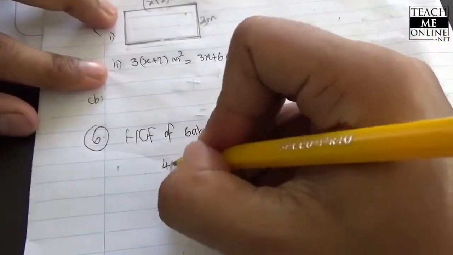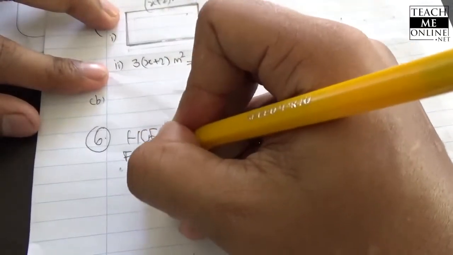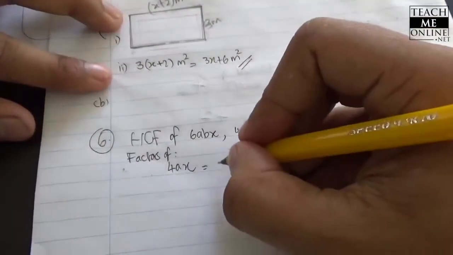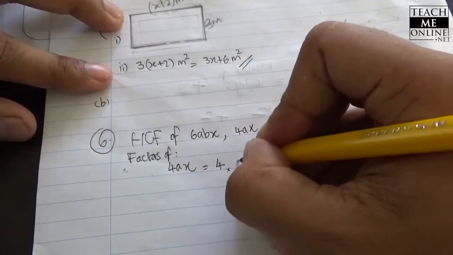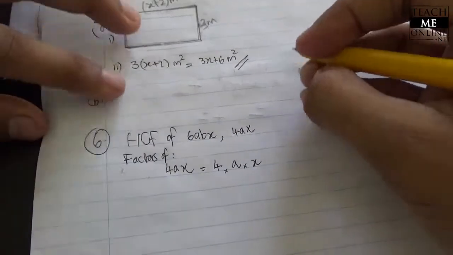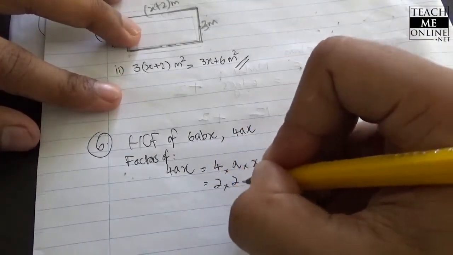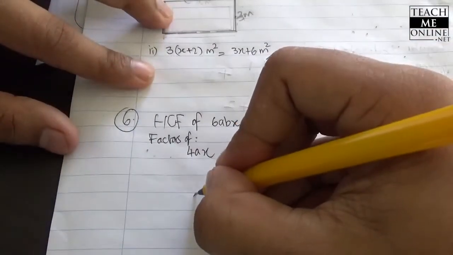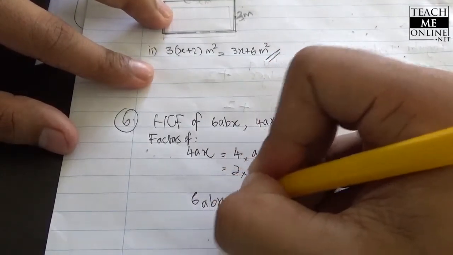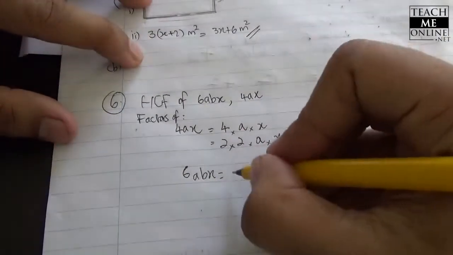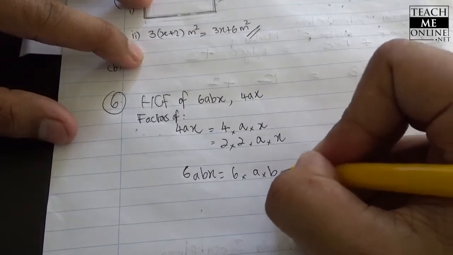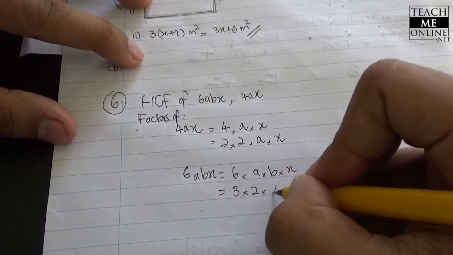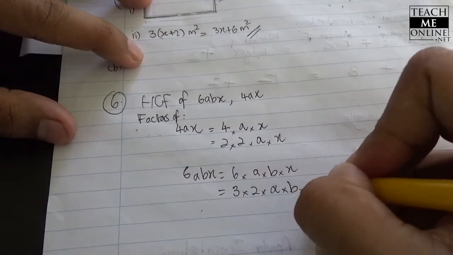The factors of 4ax are 4 into a into x, and I can write 4 as 2 into 2, then a into x. The factors of 6abx are 6 into a into b into x, and I can write 6 as 3 into 2, then a into b into x.